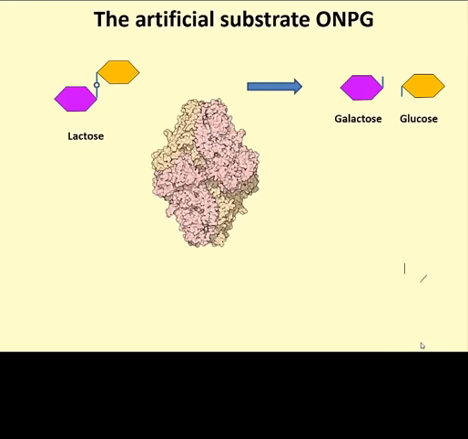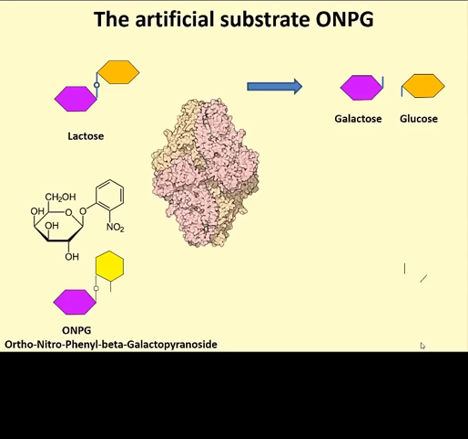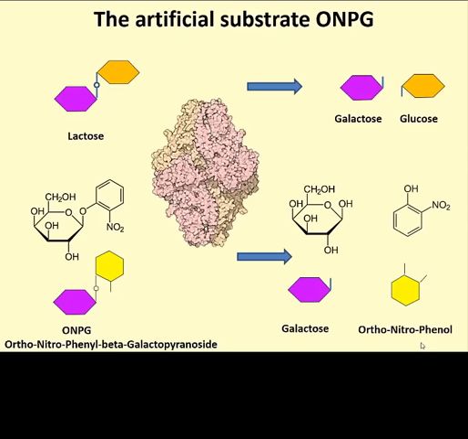On the other end, we also want to have a way to measure the activity of beta-galactosidase, and the end products, galactose and glucose, are not easy to detect. To do this, there is a substance called ONPG, which is an artificial substrate for beta-galactosidase. It is similar in structure to lactose. Lactase hydrolyzes ONPG into galactose and a product called orthonitrophenol.